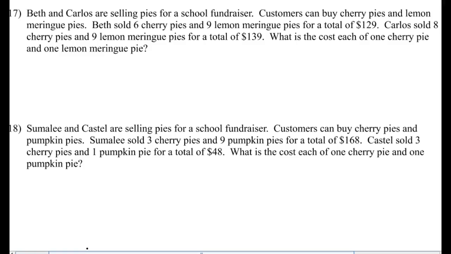So we've got two people, two equations, Beth and Carlos, and they're selling two things. So those are your variables. Good idea to, at the very beginning, state what your variables are going to be. So here we could say that C is going to stand for cherry pie. That way at the end we actually know how to spell, right?